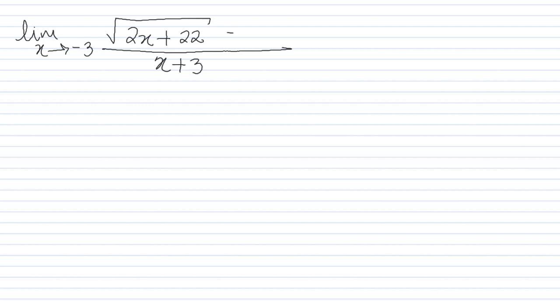Well, we're going to do it like we've done the other one previously. We can see that we have a question that involves taking limits, of course, because it's a limit question, but this time around we have a function that is a fraction.